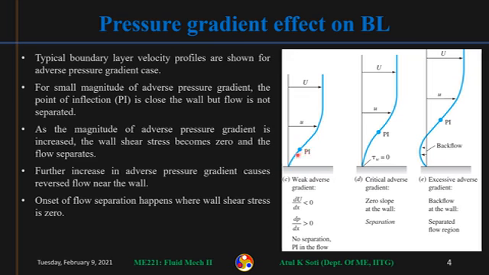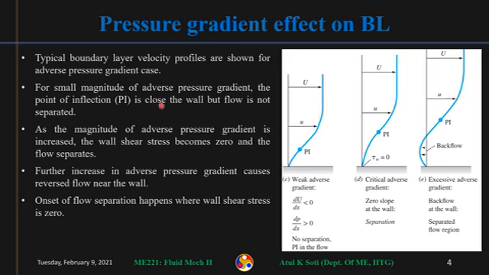It goes like this, and then becomes like this. That is the S shape we are talking about. This pressure gradient is adverse, but not big enough, so this is how the velocity profile will look.